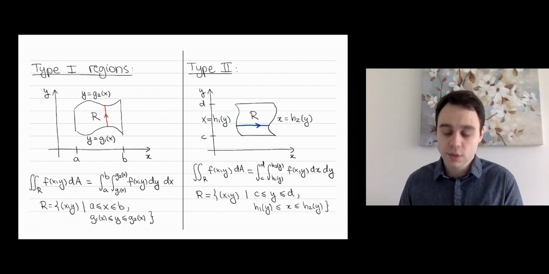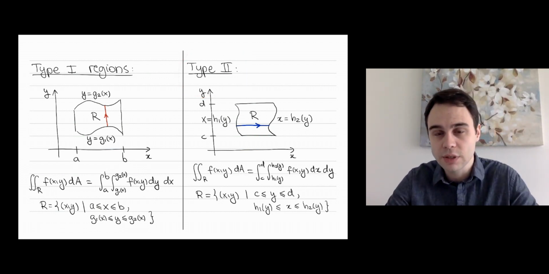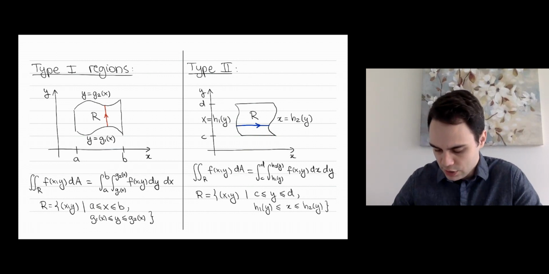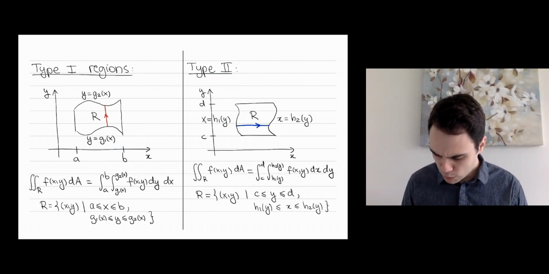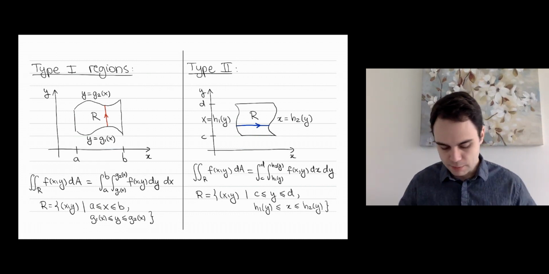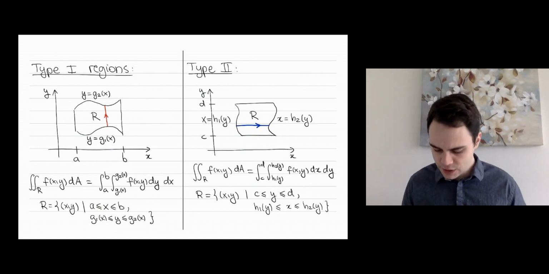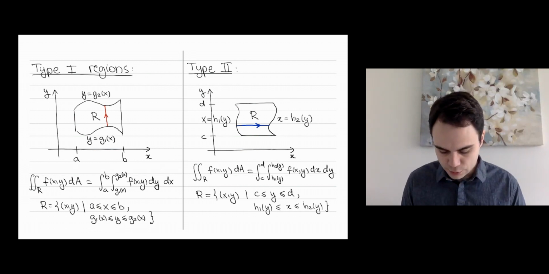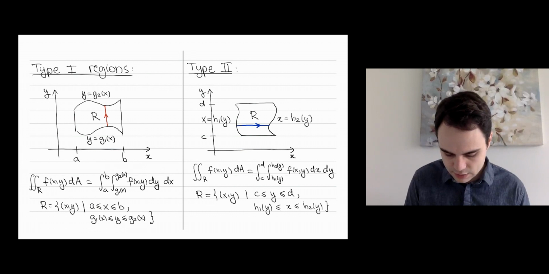So for the region I have, the type 2 region I have on the side, it's much easier to do the integral in the order dx dy. So type 2 means that it's exactly the same as type 1, but with the roles of x and y reversed. So the region, instead of being bounded between two functions of x, it's bounded between two functions of y.